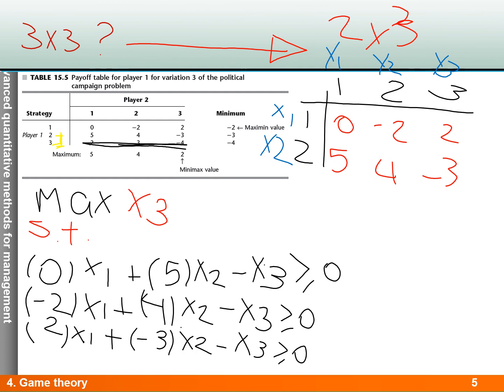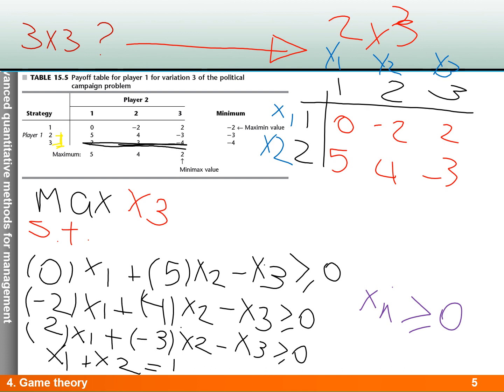And we know that x1 plus x2 is equal to 1, and xi is greater than or equal to 0.